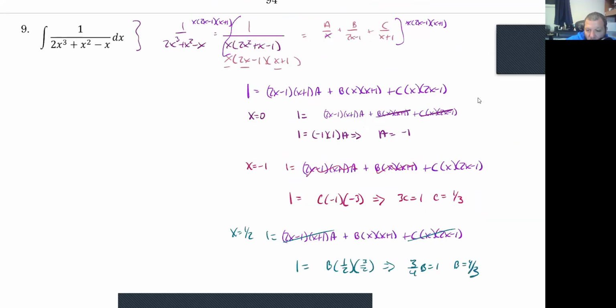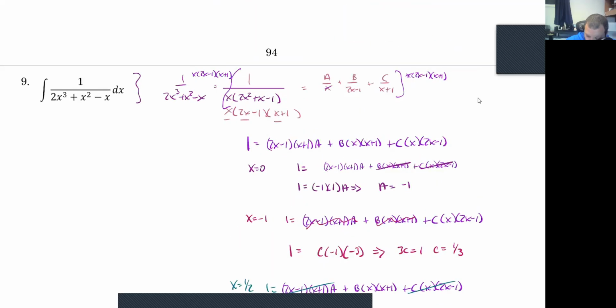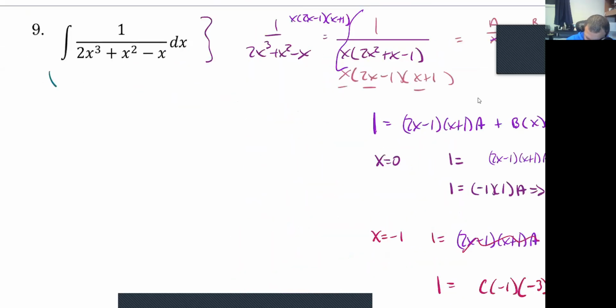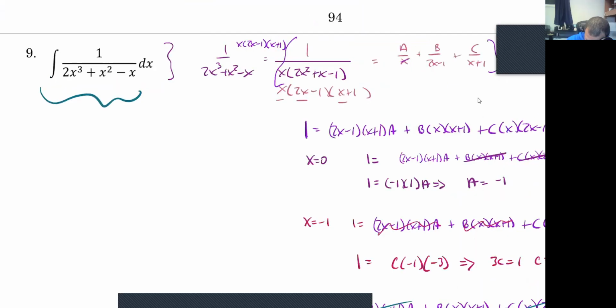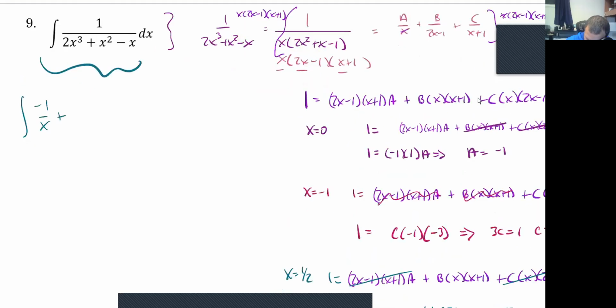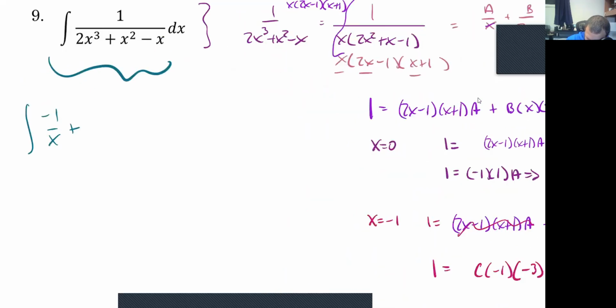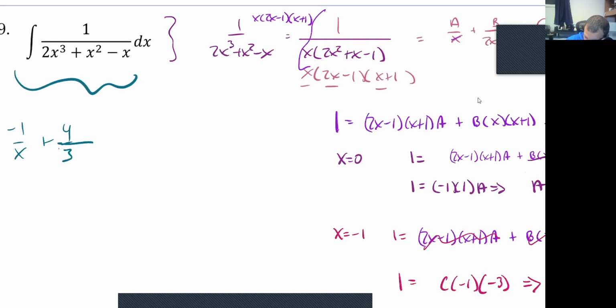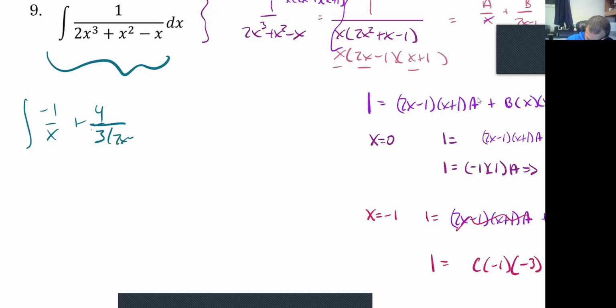All right, so let's plug all of that back in. This is the same as the antiderivative. Our a value is -1, so -1 over x. Our b value was 4/3, so plus 4/3 over 2x minus 1.